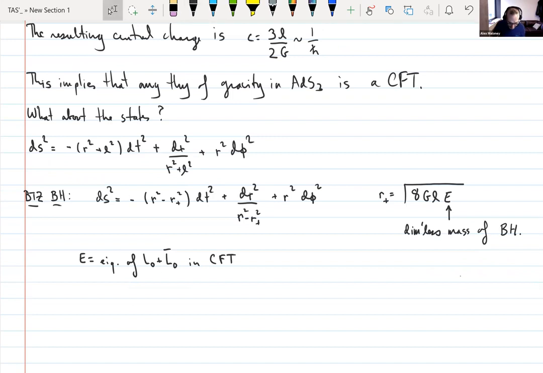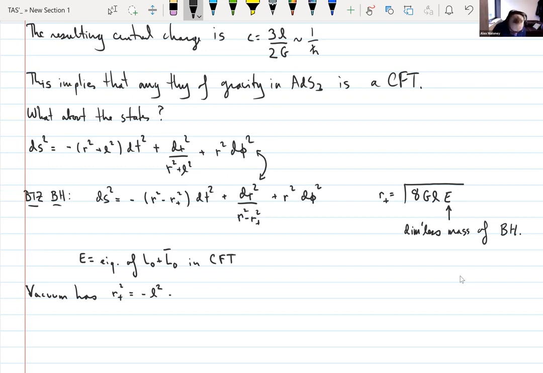So in particular, we can see that empty AdS, let's just compare these two expressions. So these two metrics are the same if you let R plus squared be minus L squared. Okay.